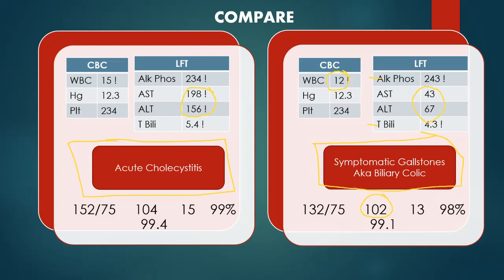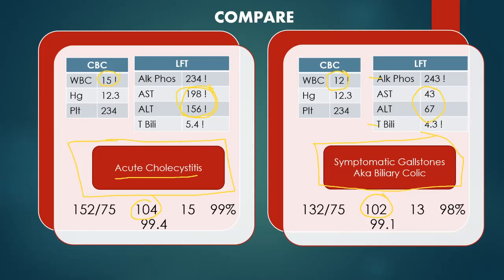However, acute cholecystitis definitely has a higher white count. It has the liver enzyme involvement and does have pain associated with right upper quadrant pain. You're also going to be looking in acute cholecystitis for signs and symptoms like rebound and pain with compression right in the gallbladder area.